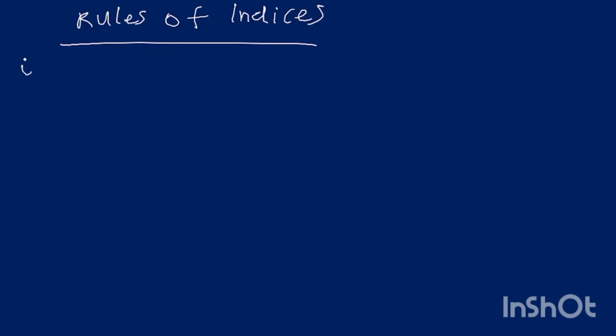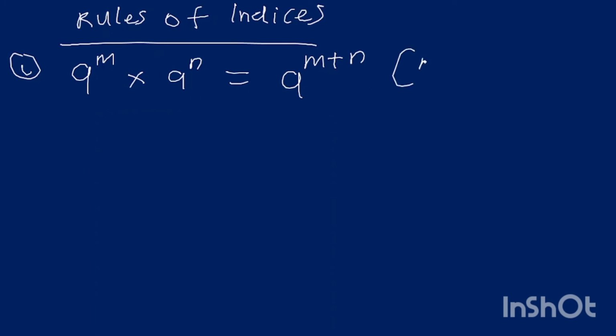So the first rule states that a raised to power m, that is the multiplication rule, multiplied by a raised to power n is equal to a raised to power m plus n. This is for multiplication.